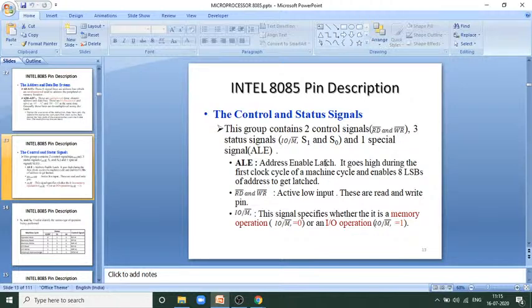That means when the microprocessor needs to transfer a memory address to a memory location, then AD0 to AD7 should be demultiplexed, and we need to filter out D0 to D7 from it, and we need A0 to A7 only. That is why we use the address latch enable signal.